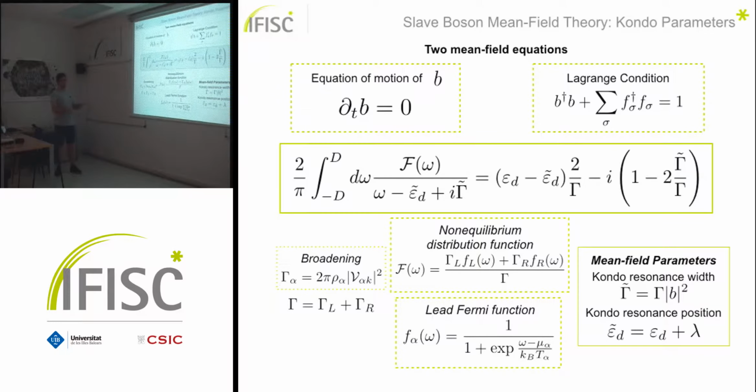The broadening is the width of the resonances of the system, and we have gamma tilde and epsilon tilde, which are the important parameters because one is the Kondo resonance width, how narrow it is, and the other is the Kondo resonance position. The width is related to the Kondo temperature. So we are going to study more on this.